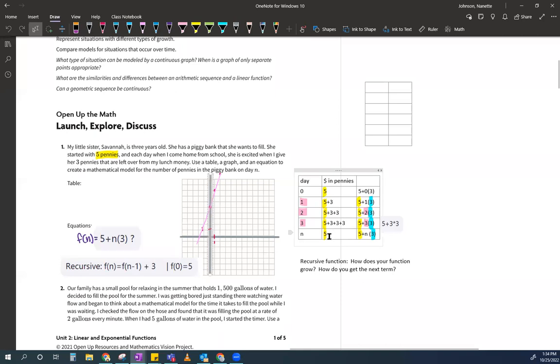So simply put, if that's true, then what does this point right here represent? It's -1, comma 2. What does -1, comma 2 mean in our context, either in our table or from our story?